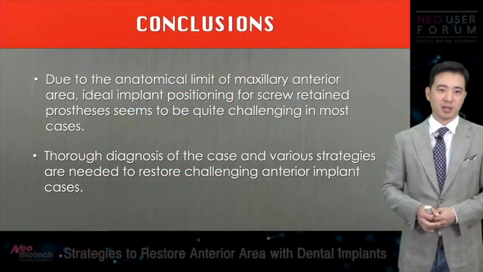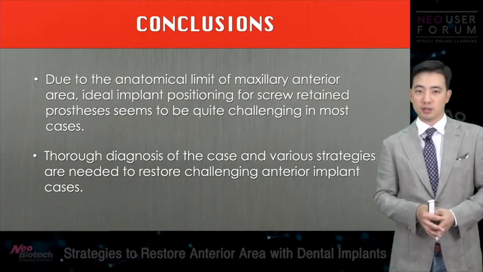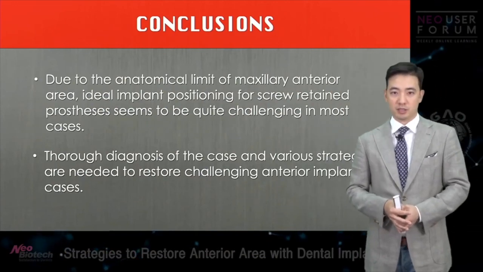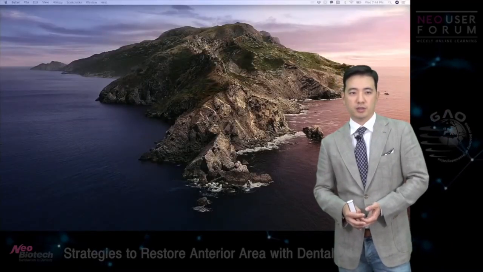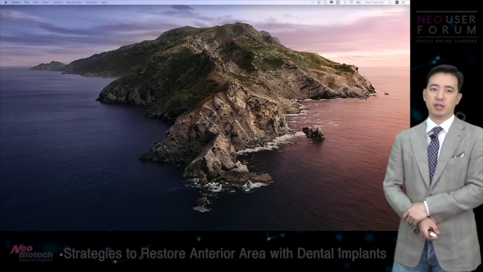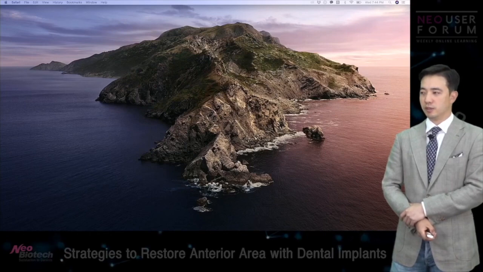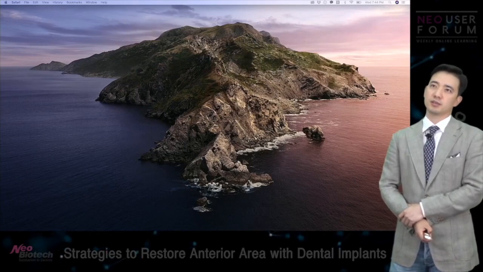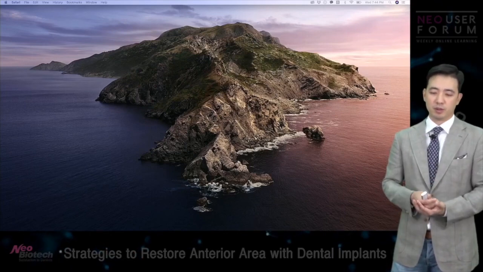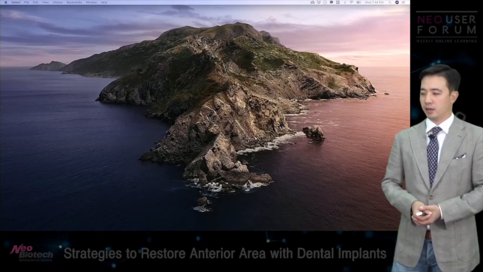Dr. Christopher Sim again asked: would it be more predictable if you do it without the socket shield technique in the anterior area? Complication meaning possible bone and soft tissue loss. Well, I do treat 100% Asian patients, and most of my patients tend to have very thin buccal bone.